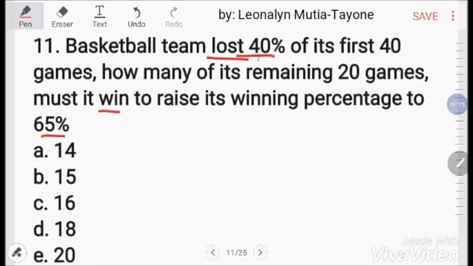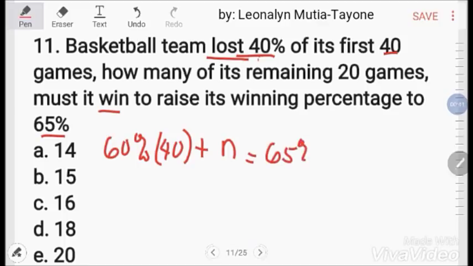So, ibig sabihin, 60% ng 40 ay panalo. Plus, let n be yung mga remaining sa 20 games na panalo niya na magresulta ng 65% sa 40 plus yung 20 games. So, ito na yung formula natin.